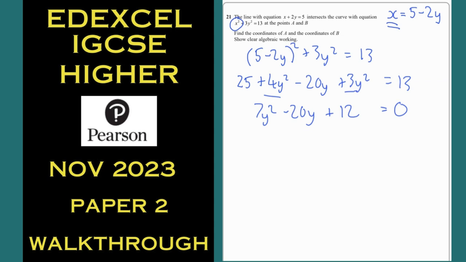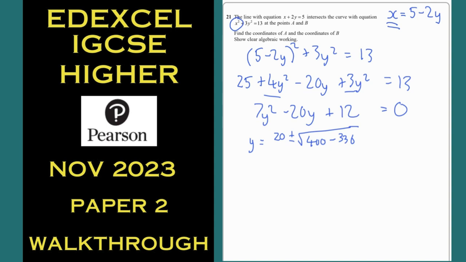I think it's quicker. So, 2 values of y will be given by doing minus b plus and minus the square root. B squared is 400 minus 4 lots of 7 is 28. 28 12s are 336.